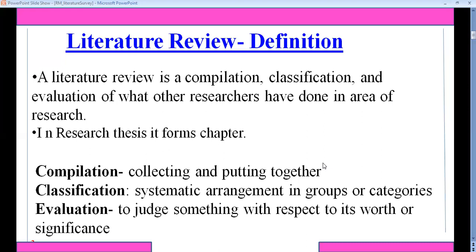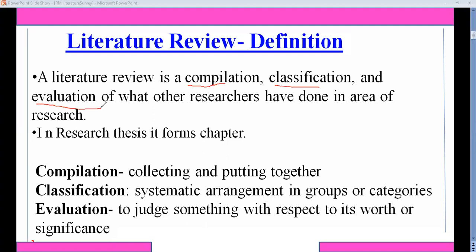If you define literature survey, it is a compilation, classification, and evaluation of what others have done in our area of the research.